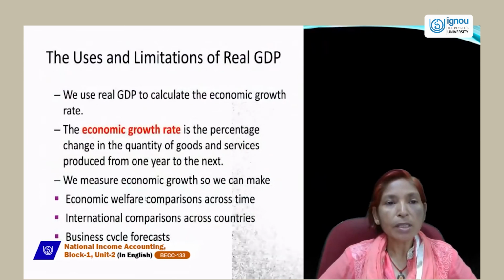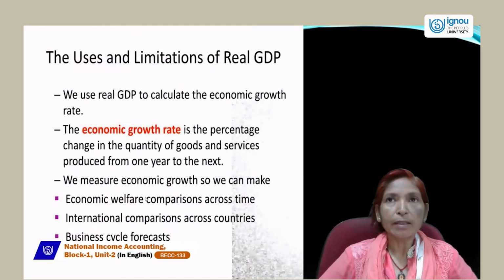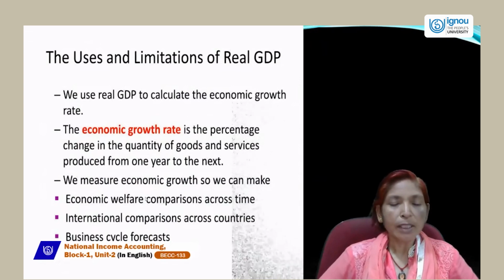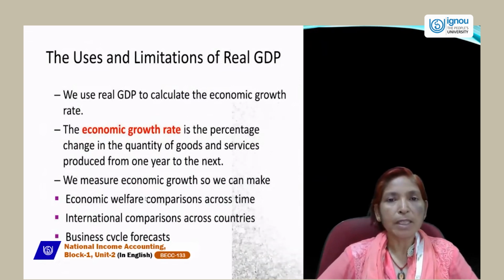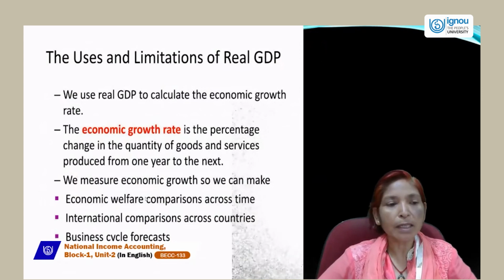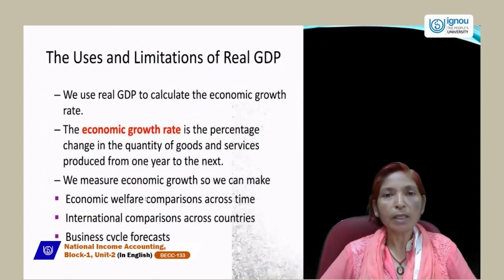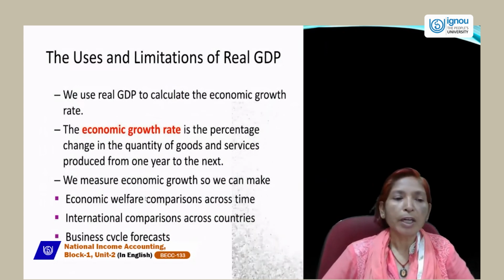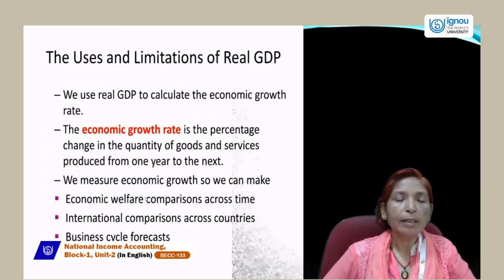Now next is the uses and limitations of real GDP. You know that when we calculate real GDP, it is the true indicator of economic growth, because real GDP is always estimated on the basis of constant year price or base year price, and economic growth is the percentage change in the quantity of goods and services produced from one year to the next.